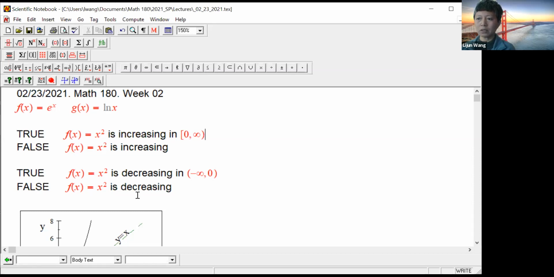Okay, do you see the difference? This is true because I tell where, and it is true. If I didn't say the where, by default, the reader will consider the entire domain. And that is not true because we say this function is neither increasing nor decreasing in its domain.